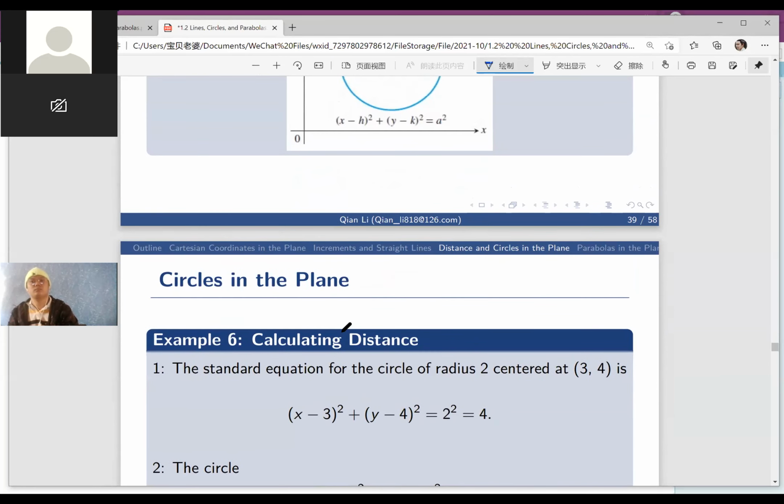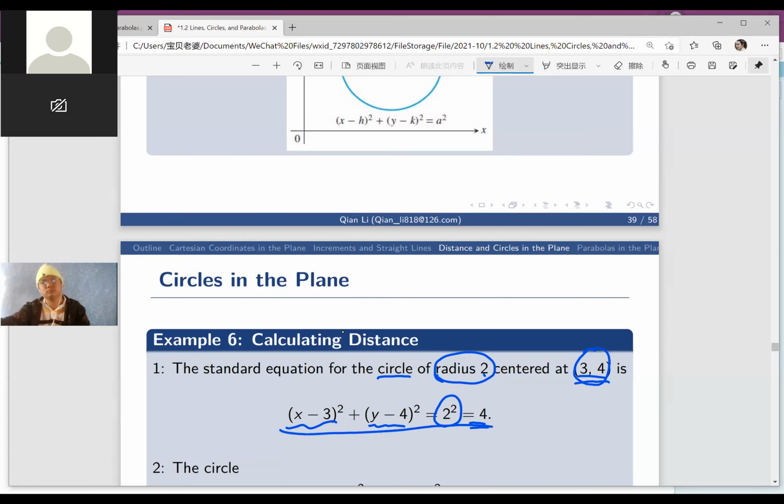Let's see the following examples. If the radius of the circle is 2 and the center is (3, 4), we can write the equation of this circle: (x minus 3) squared plus (y minus 4) squared is equal to 2 squared, and 2 squared is equal to 4.